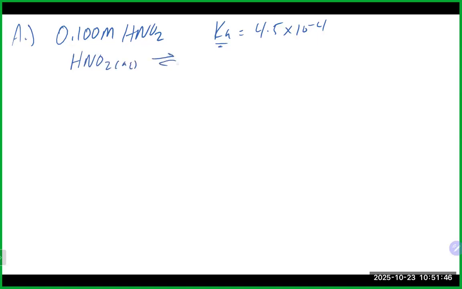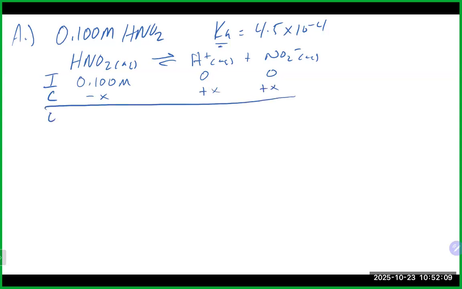This will break apart into H plus and NO2 minus. Because we have not started the titration, we can use molarity in this table. So we'll use our 0.1 molar. These will be zeros, and then we'll do our normal X's through here. That means we end up with 0.1 minus X, X, and X.